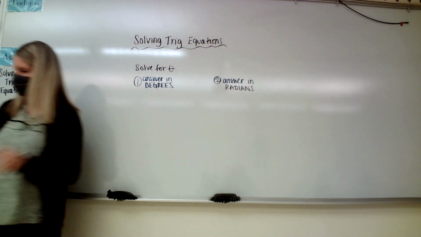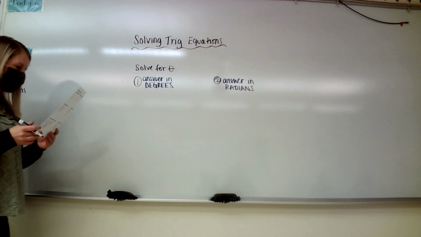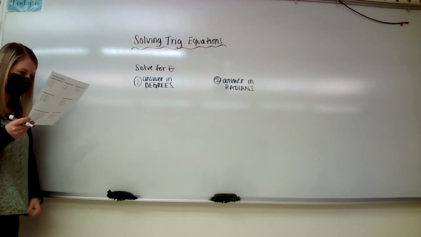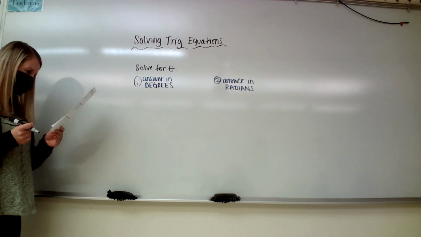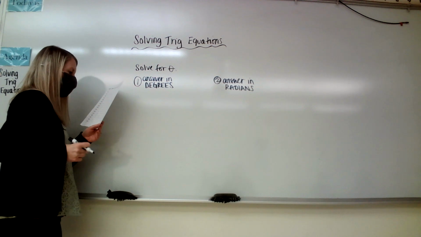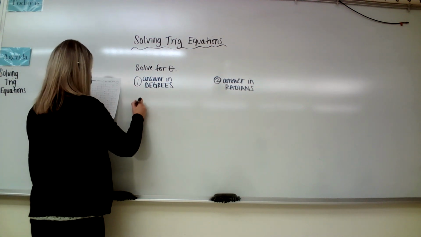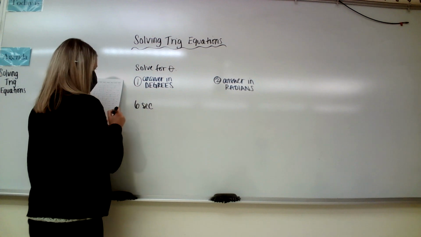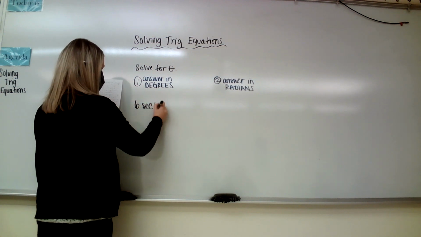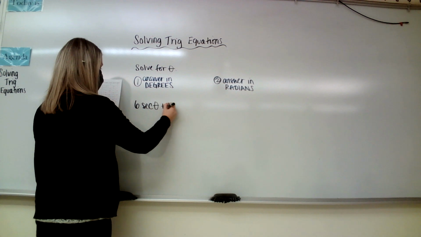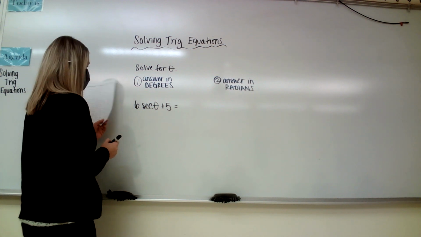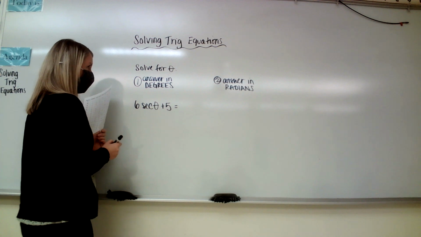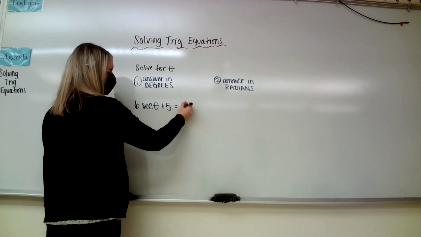Okay. I need my chart so I can give you a nice little problem here. So for the first one, hopefully these shouldn't be too terrible here. I feel like we haven't done any secant today. Let's do a secant. Let's do 6 secant theta plus 5 equals, sorry, I'm trying to make this a nice number for us. 17.